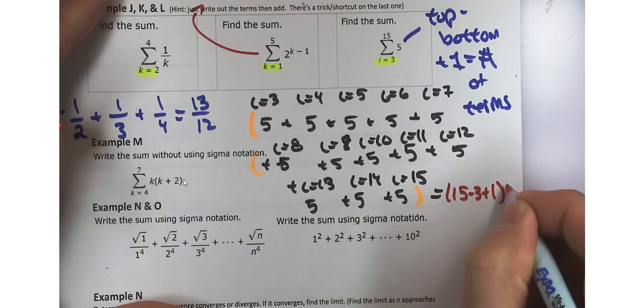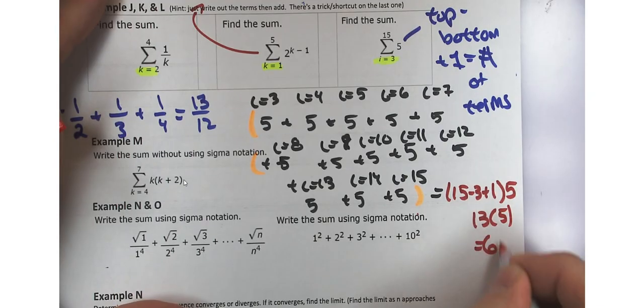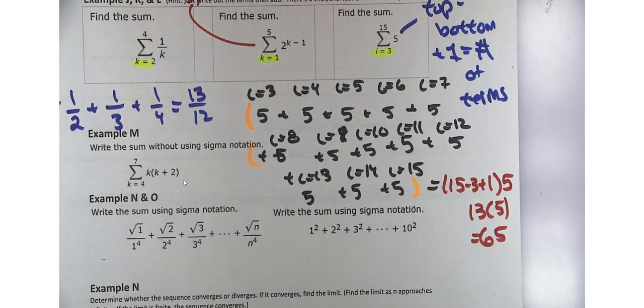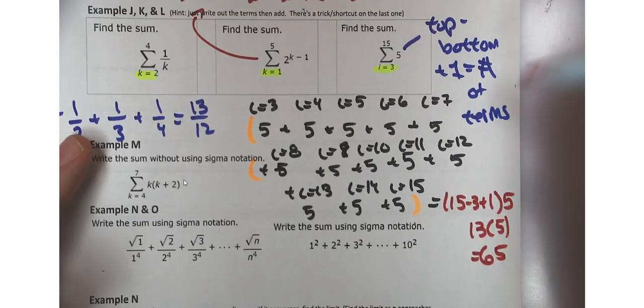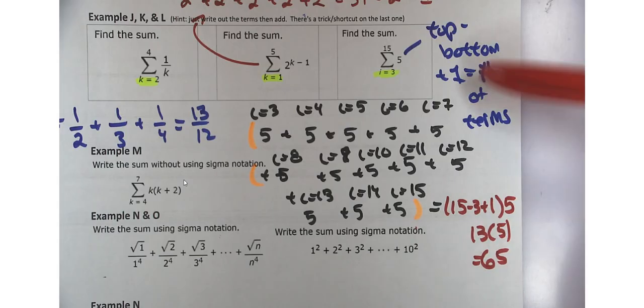In other words, I get 13 times 5, which is 65. So just kind of a little heads up on that one. It could be something that'll help you out here or there. Maybe I'll throw in a problem just to see if you're paying attention to this part. But looking good there.